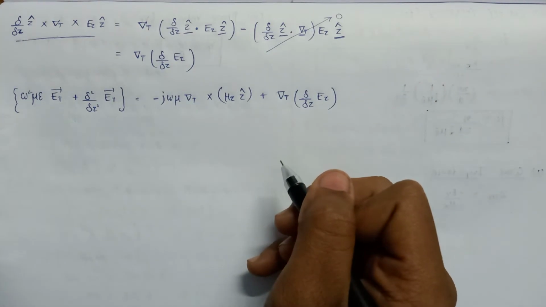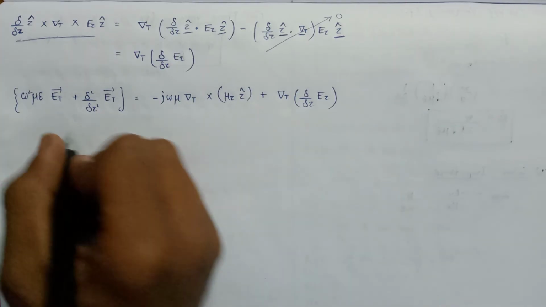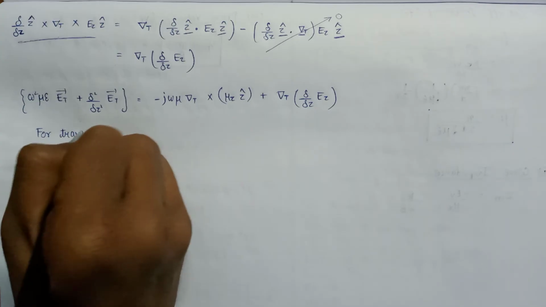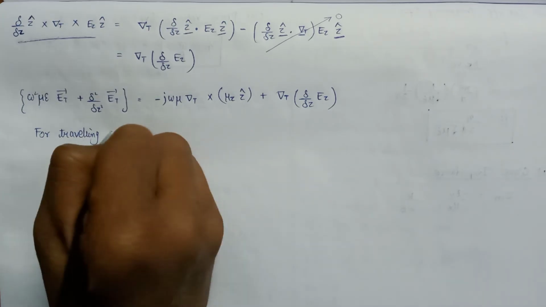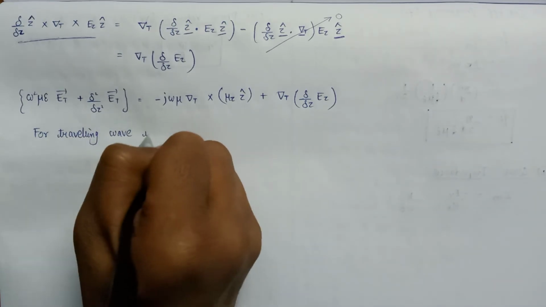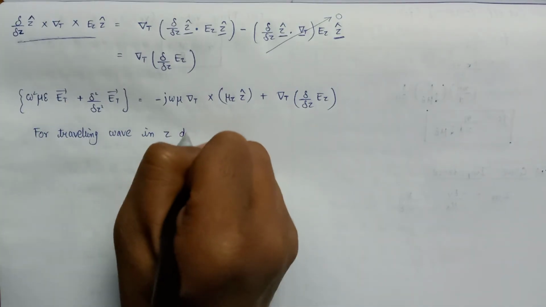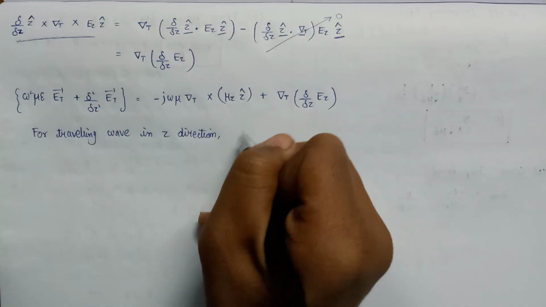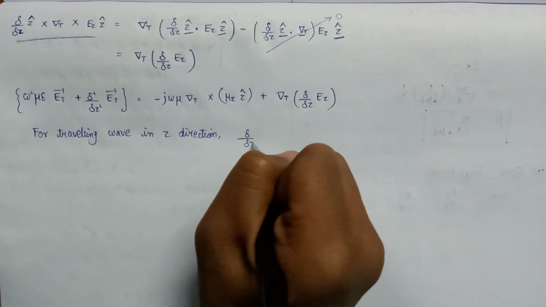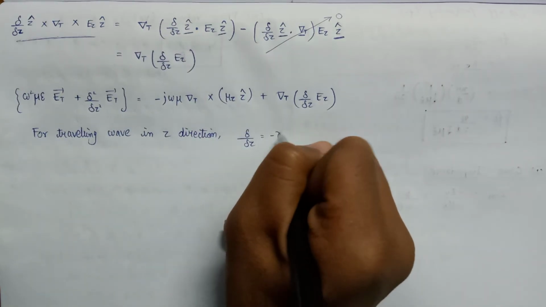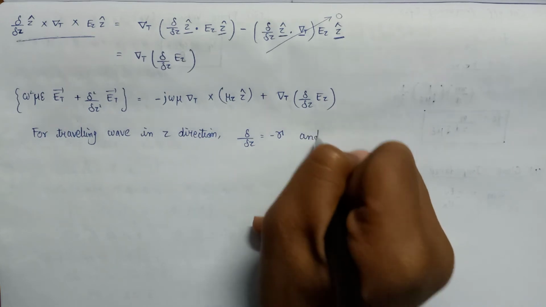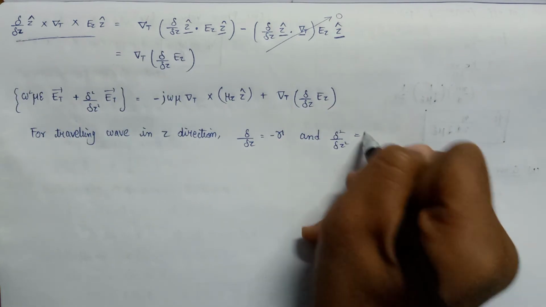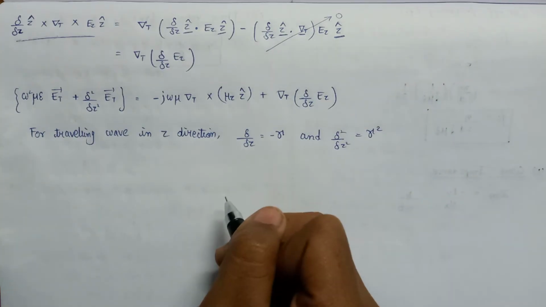Now for the travelling wave in z direction, we can say that this del over del z will become minus gamma, and this del 2 over del z square will be replaced with gamma square.